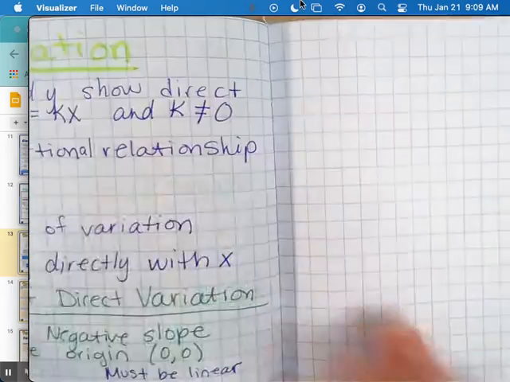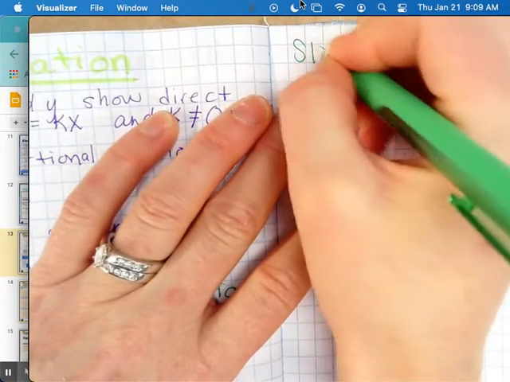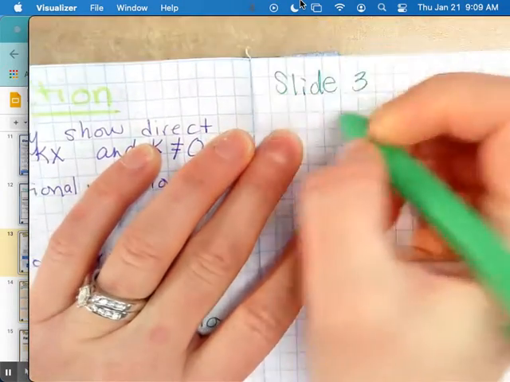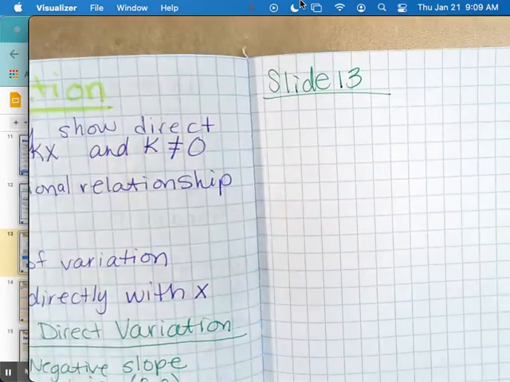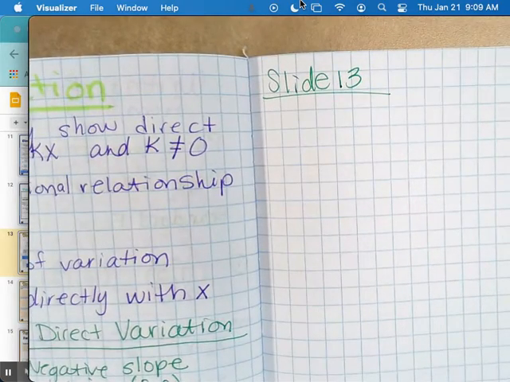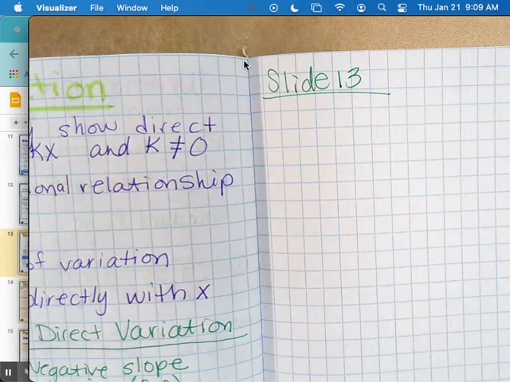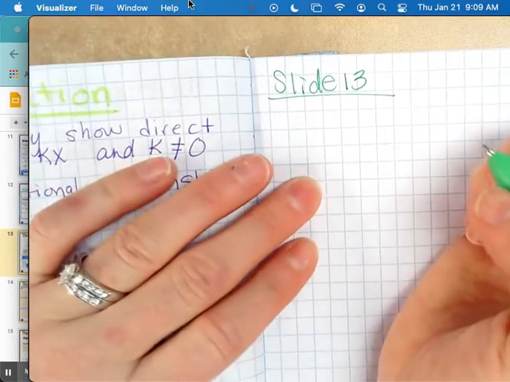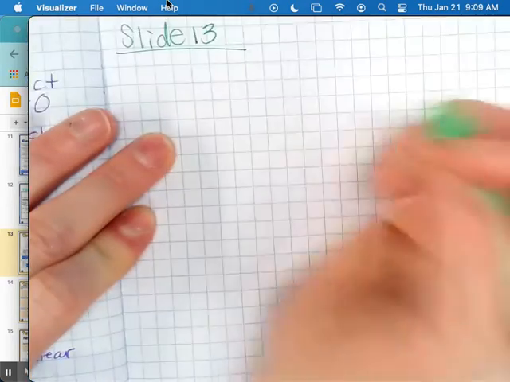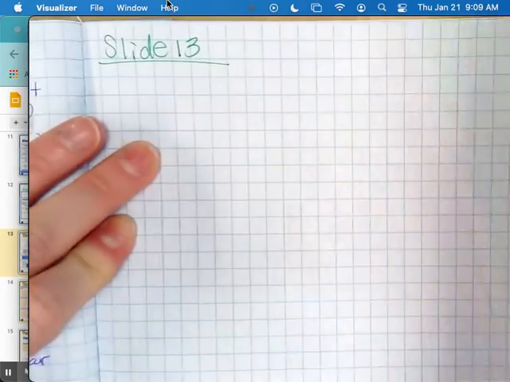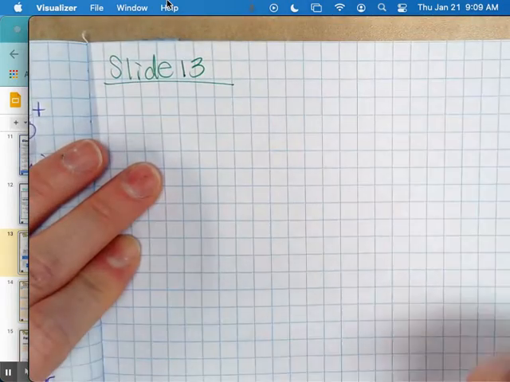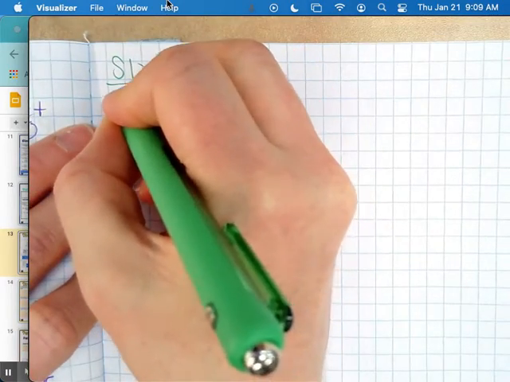Slide 13, right? So write the information that they give us.